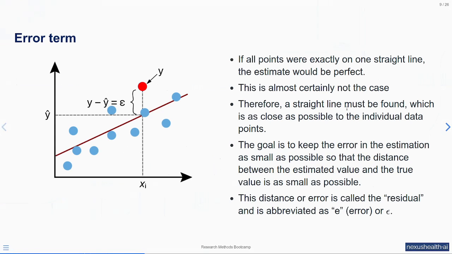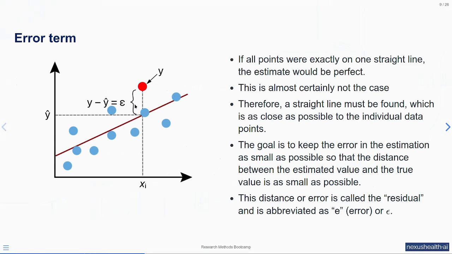If all points were exactly on one straight line, the estimate would be perfect. But this is most certainly not the case. Therefore, we need to find a straight line which is as close as possible to the individual data points. The goal is to keep the error in the estimation as small as possible, so that the distance between the estimated value and the true value is as small as possible.